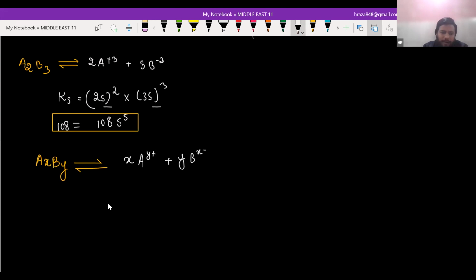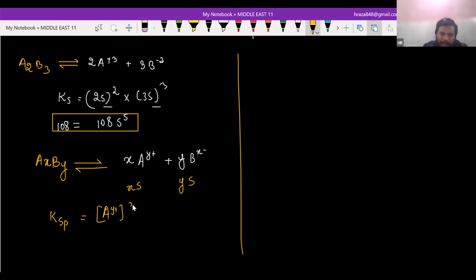Now, in the same way, this has a solubility xS, and this will have a solubility yS. In the same way, Ksp will be equal to A to the power y plus raised to the power x, B to the power x minus raised to the power y.